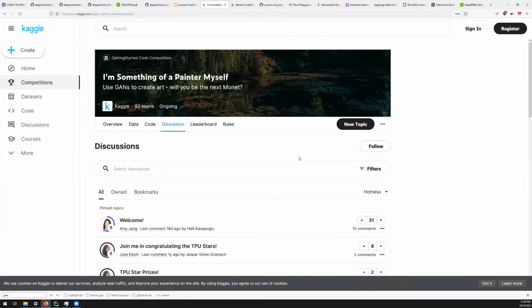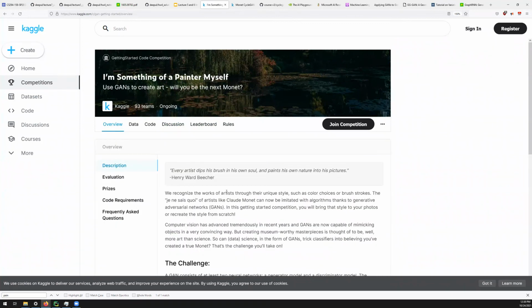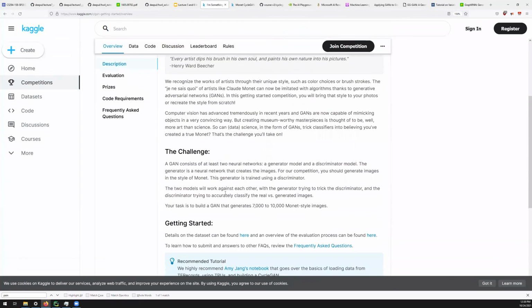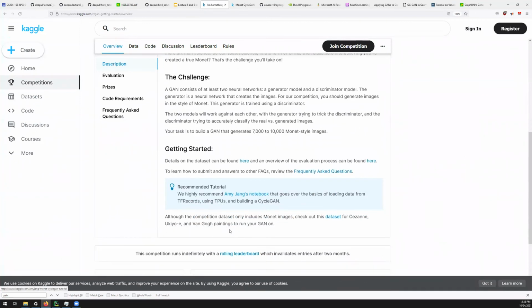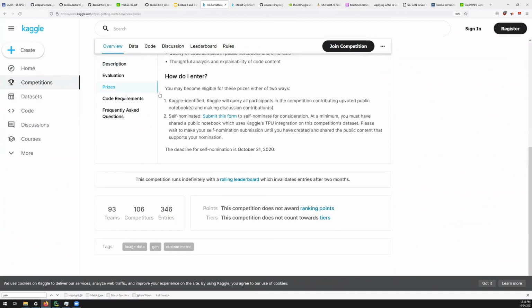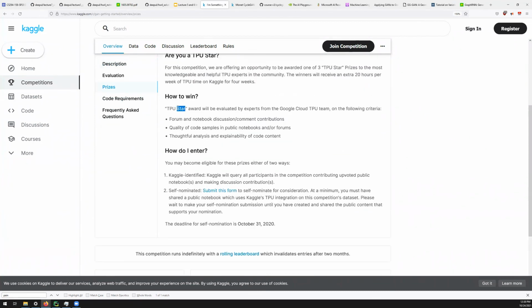And this is, I think, very much targeted to TensorFlow. Prizes, TPU star or something like that.